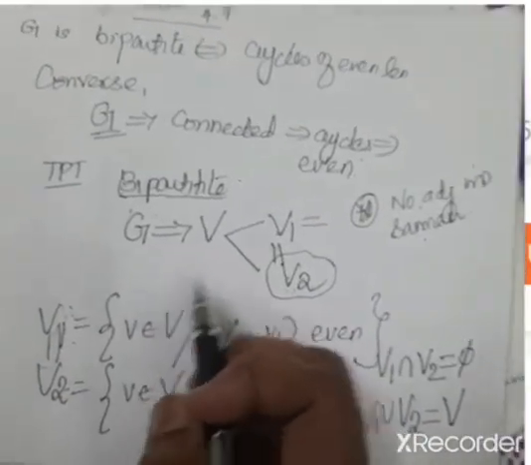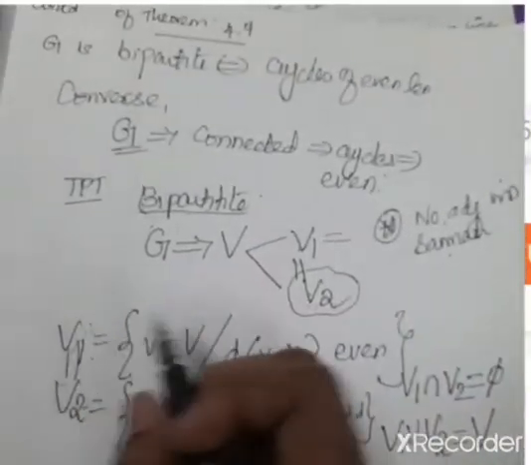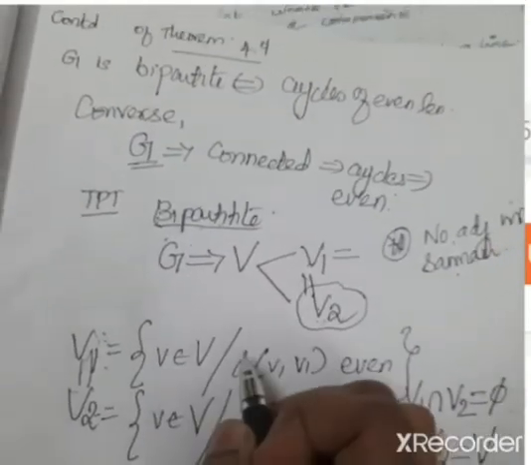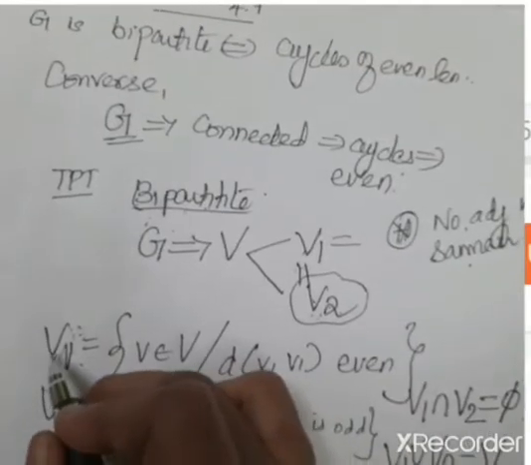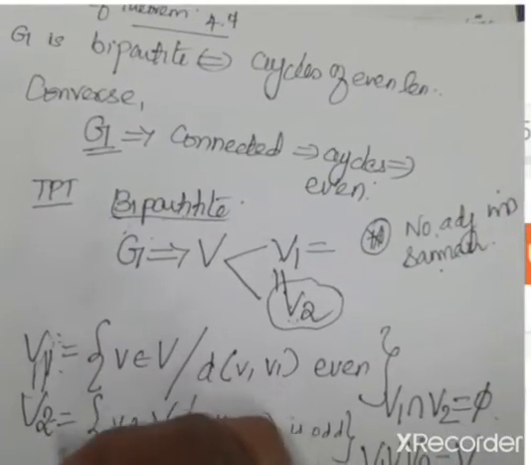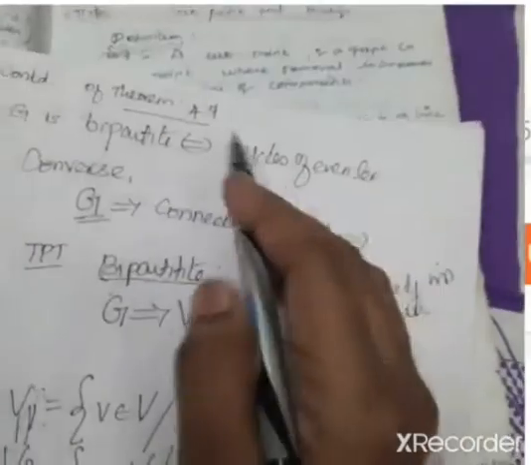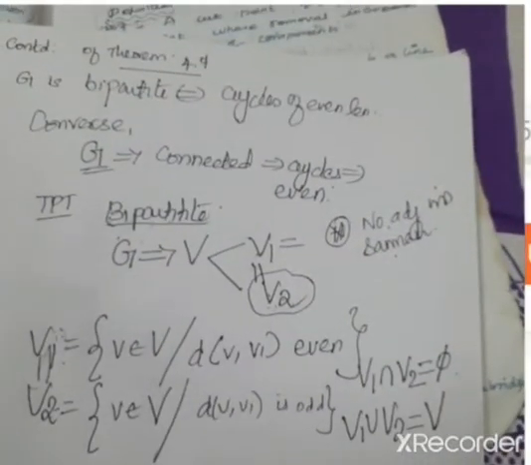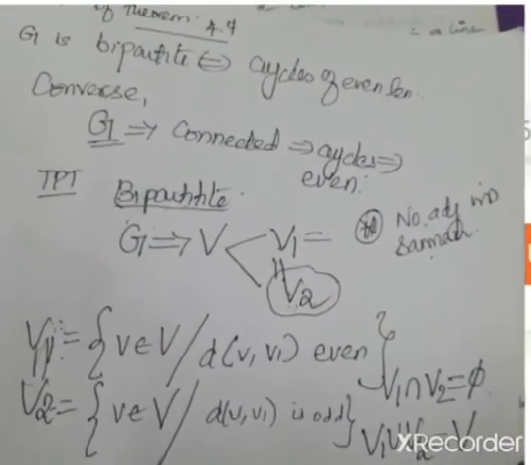Suppose there exists an adjacency in the same vertex subset. Whether there exists an adjacency in V1 itself or in V2 itself, having cycles of even length will definitely contradict our assumption. This is what we are going to prove now.